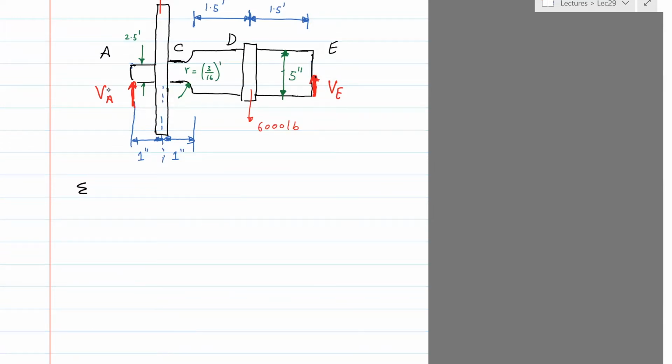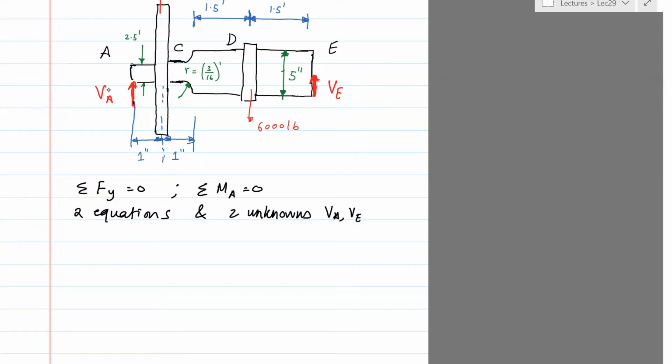So what you need to do is summation of the forces in the y direction is 0. And then you need to do summation of moments about any point. Let's say about A is 0. So that is two equations and two unknowns, and the unknowns are VA and VE. So you can solve for VA and VE. And if you do that, you get VA equals 3,200.